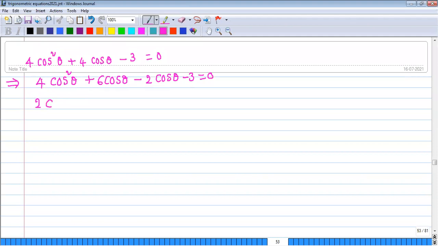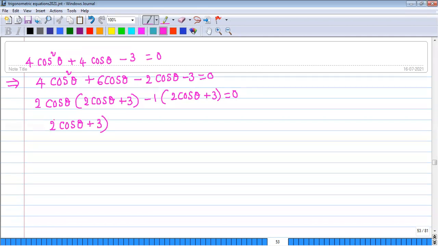First we can take 2 cos theta common: 2 cos theta into (2 cos theta plus 3), minus 1 common, (2 cos theta plus 3). So again, we can take out 2 cos theta plus 3 common. So we have (2 cos theta minus 1) equals 0.